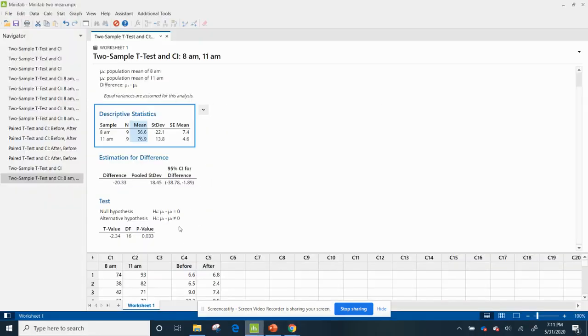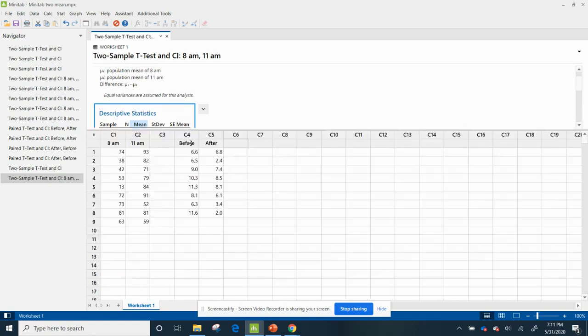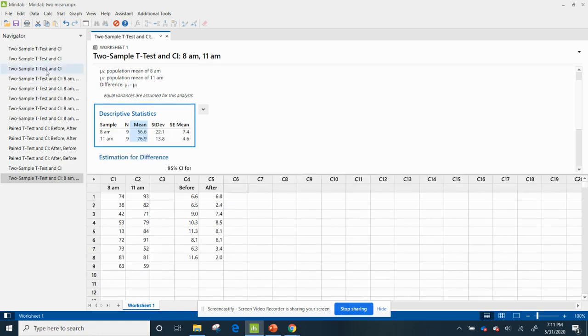So I've got my data in here. I'm going to show you where I have it. Here's the before and the after. You don't do it across, you do it up and down like I did. So here's the before, here's the after, and I label everything just so I know what it is. This actual Minitab sheet, from when I was making the PowerPoint and playing with everything, you can see I have everything that I've done before in here.